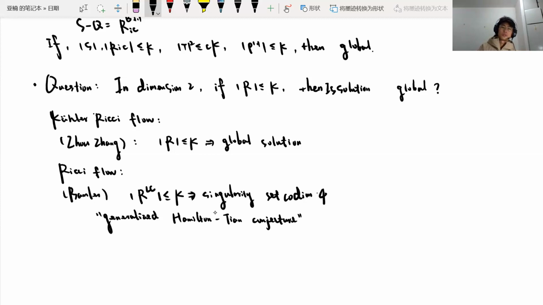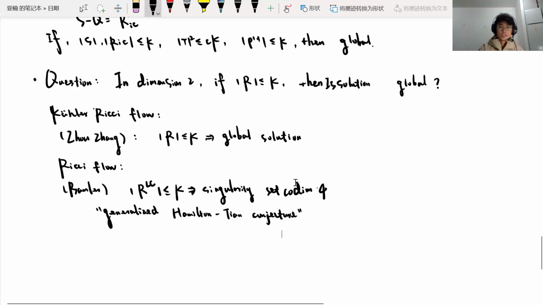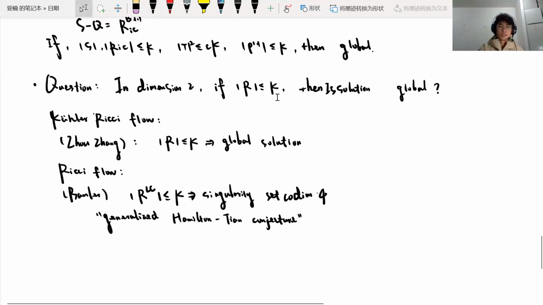Because for Ricci flow, from the proof, the singularity has dimension 4. Maybe this is also true for generalized Ricci flow, but I don't know. Maybe it is true. If it's true, then maybe it is dimension 4. For complex geometry, I hope we do not have singularity if the scalar curvature is bounded.